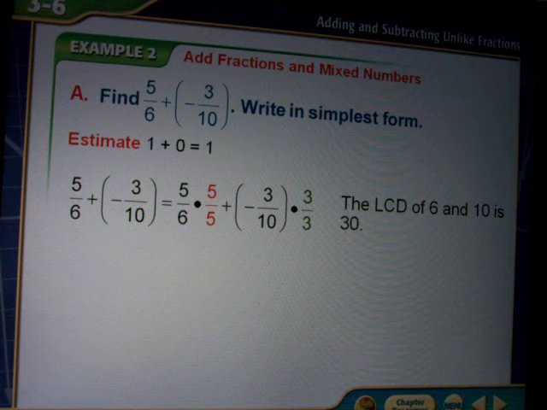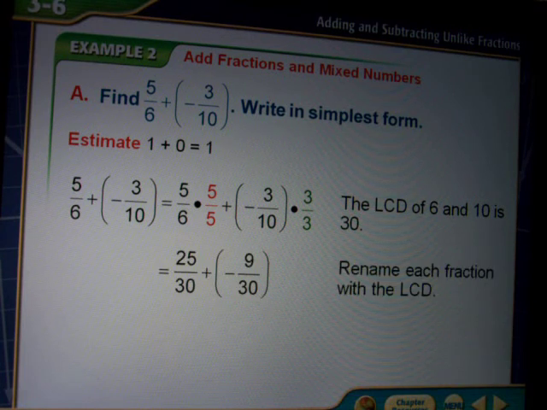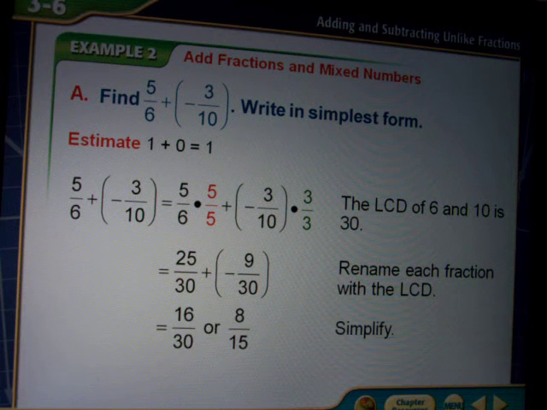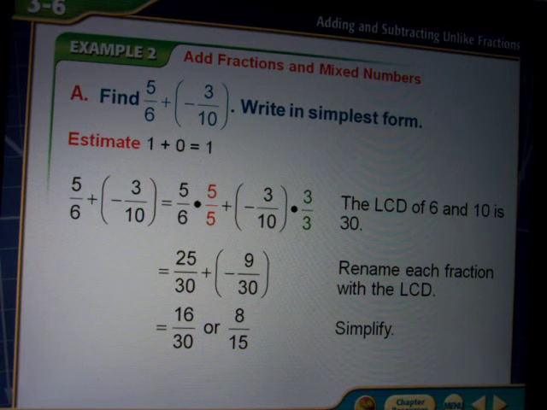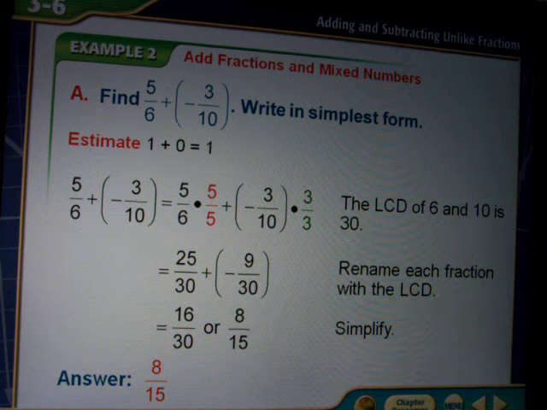So we're going to multiply 5/6 times 5 over 5, and we're going to multiply a negative 3/10 times 3 over 3, and that gives us 25/30 plus a negative 9/30, and that gives us 16/30, and when we simplify it down, we end up with 8/15. And so our answer is 8/15.